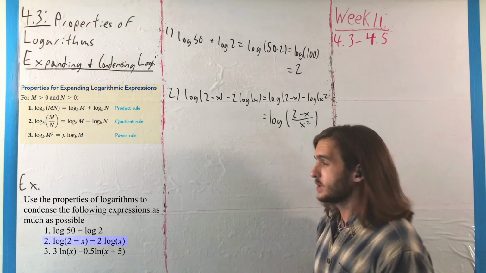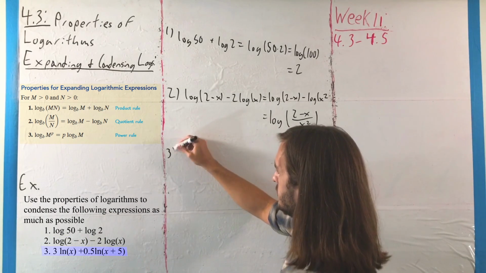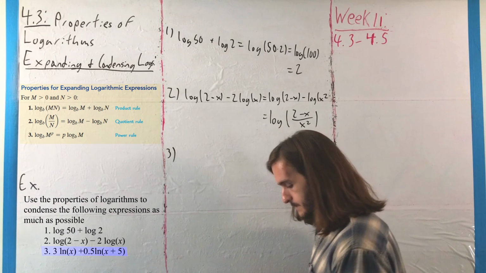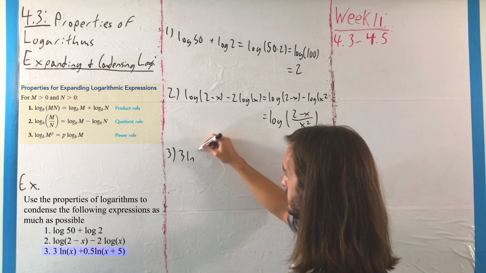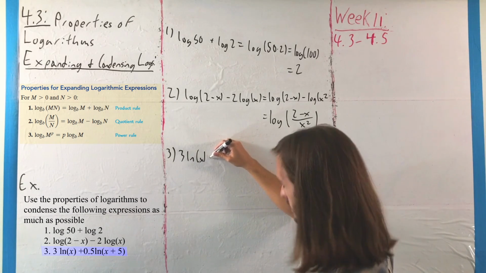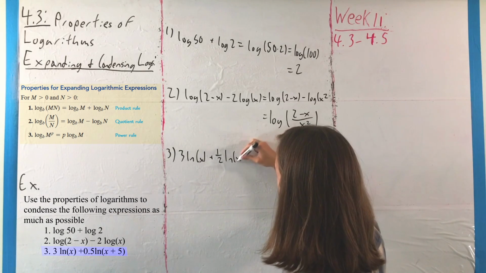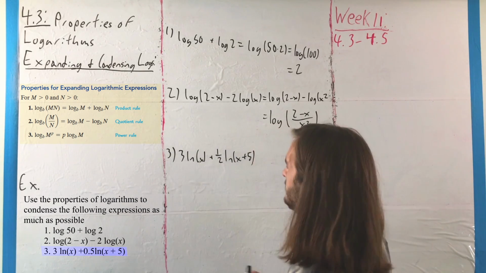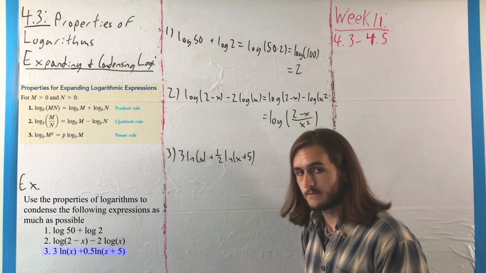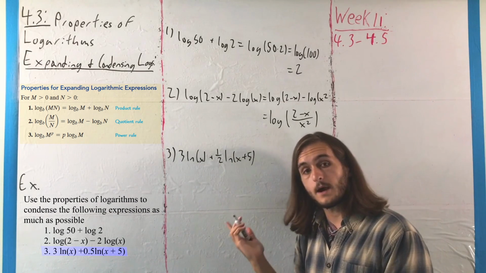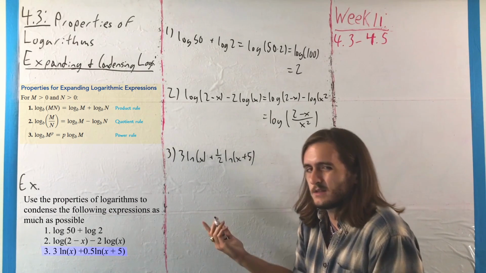Then finally, for our third case, we would have 3 times the natural log of x plus 1/2 of the natural logarithm of x plus 5. Again, I'd recommend throwing the power rule in first, whether you'd like to or not, that's up to you.